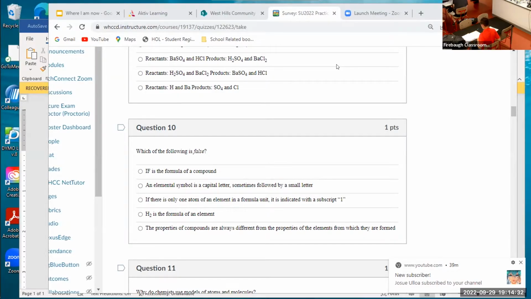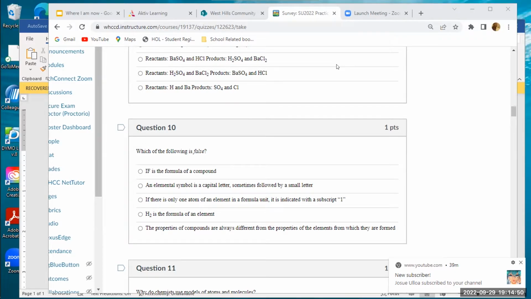The third one: if there is only one atom of an element in the formula unit, it is indicated by the subscript 1. If there's only one element, like H2O1, do we ever write water that way? No. So would you say that's probably the one that's false? Okay, so put the confirm.